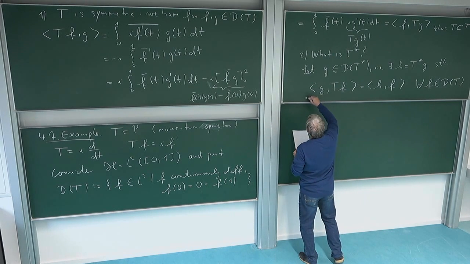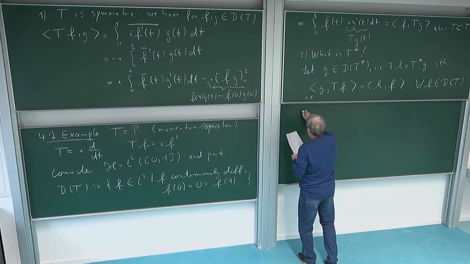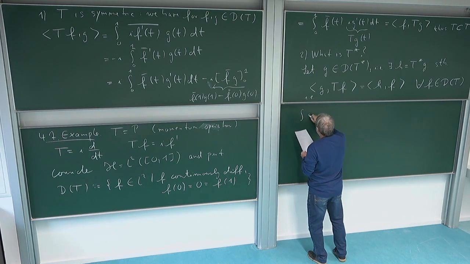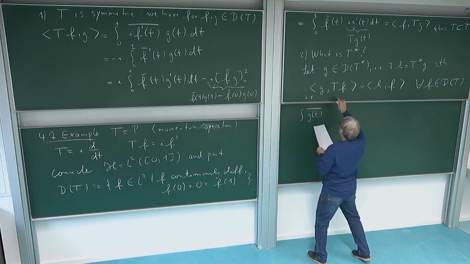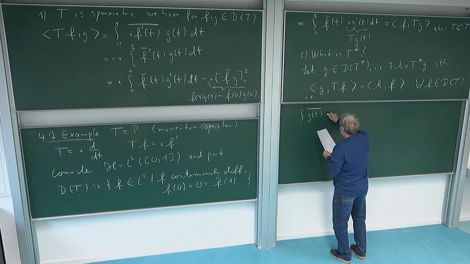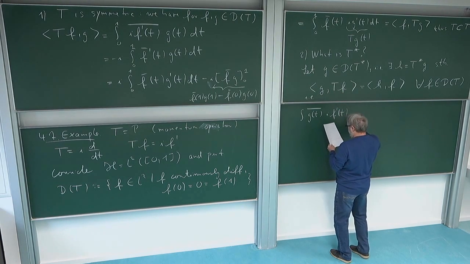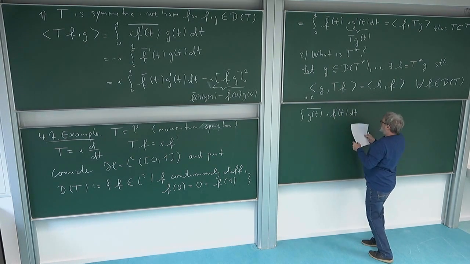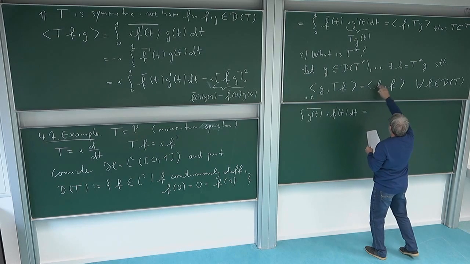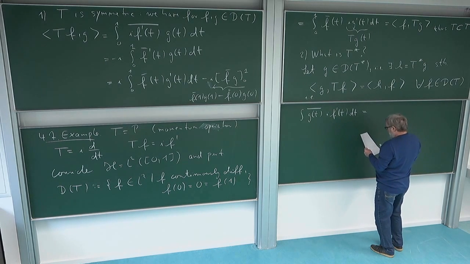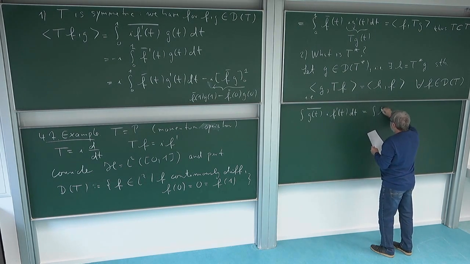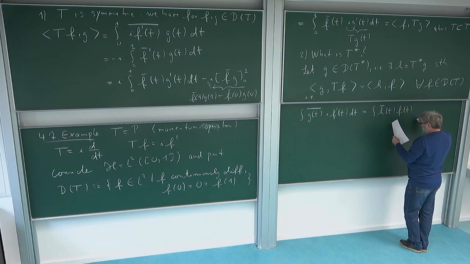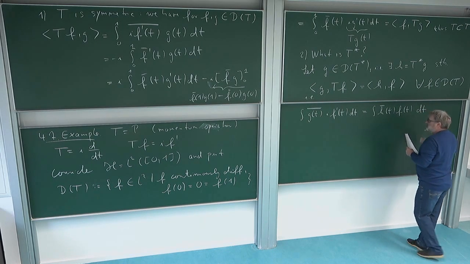So what does this mean? Let me write down this equation. So this inner product here, this is g of t bar. Then the effect of T is taking i times the derivative, and then I'm taking the inner product. So this here has to be the same as the inner product on the other side, which is the integral over my function h, and then I have here f of t dt.